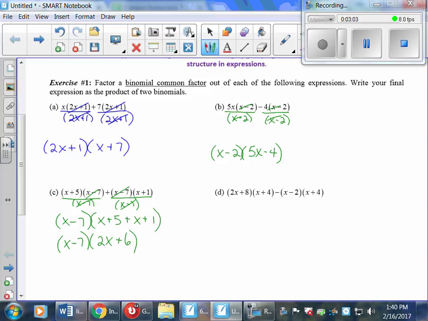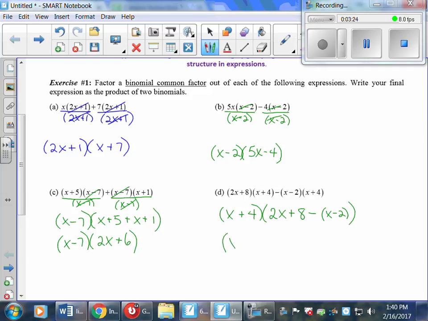All right, we're going to have the same situation here. When we pull out the x plus 4, what are we going to be left with? 2x plus 8 minus, now beware of that negative sign here, because when we take out that x minus 2, I'm just going to leave that in parentheses for the time being, because I feel like that negative might be missed.